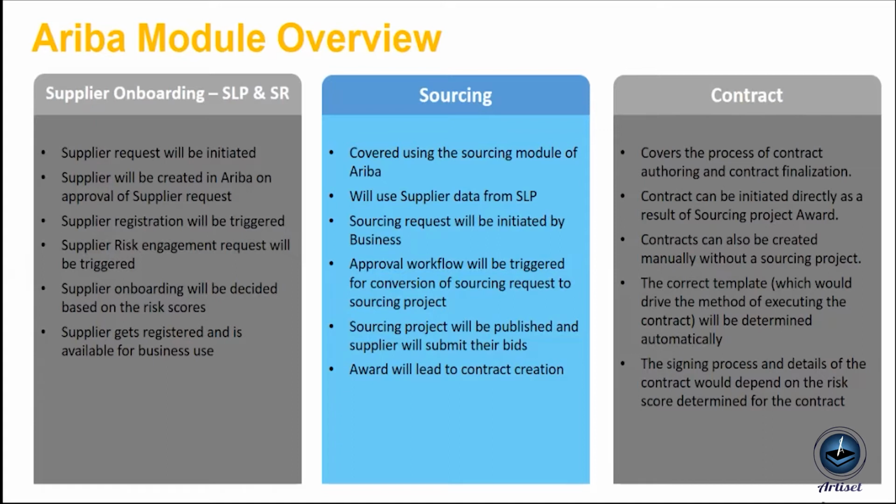So again, in Ariba, we have the advantage of templates in each module. Once an appropriate template is selected in the contract phase, then it can be executed as per the tasks defined in that template, and the signing process can be configured, whether it is through DocuSign, digitally or manually, how we have to proceed.